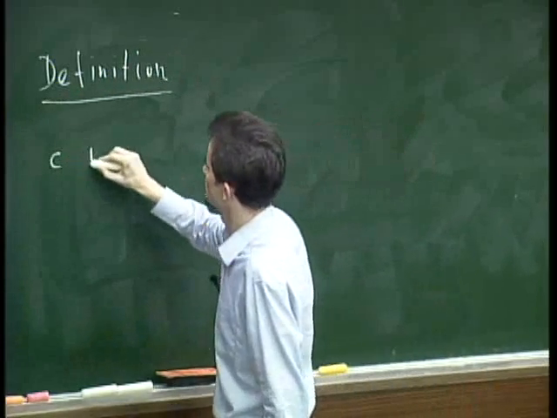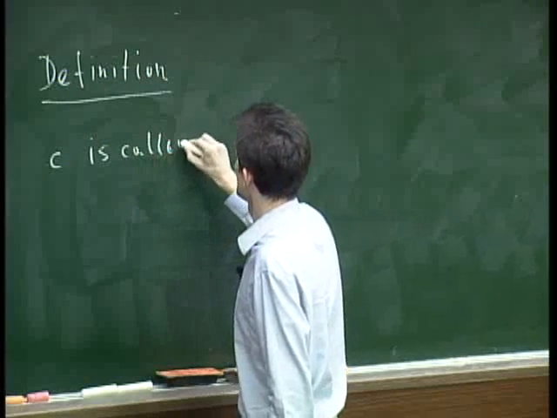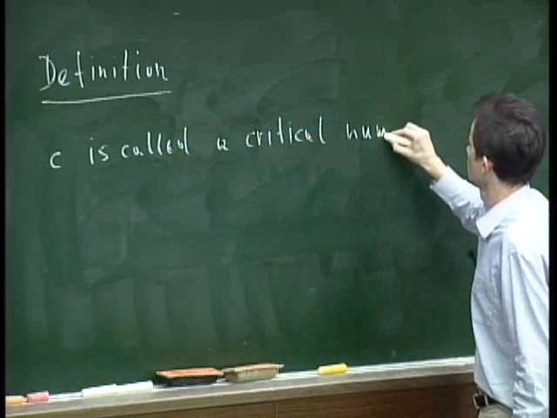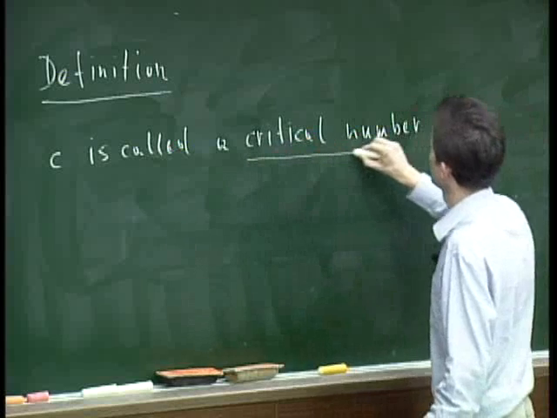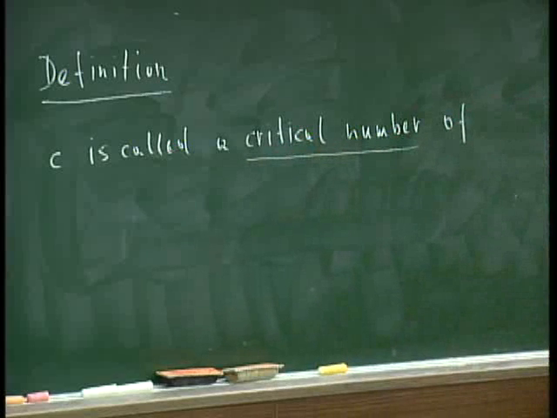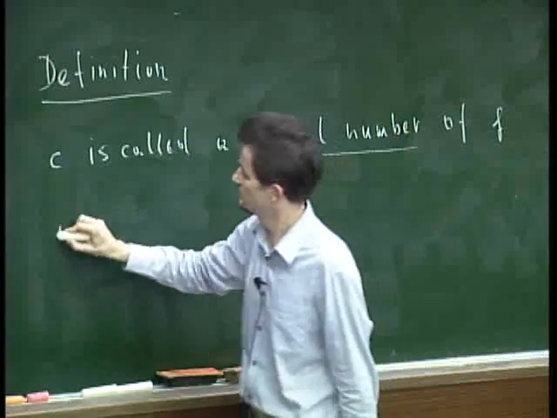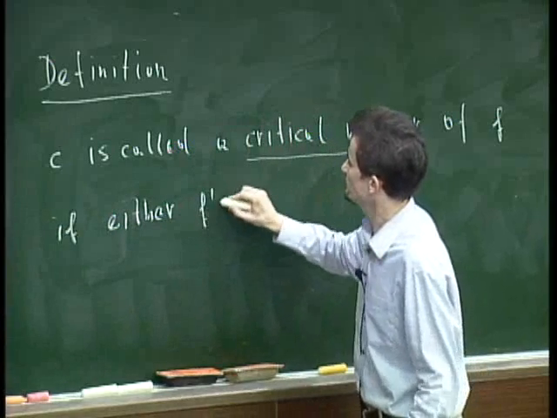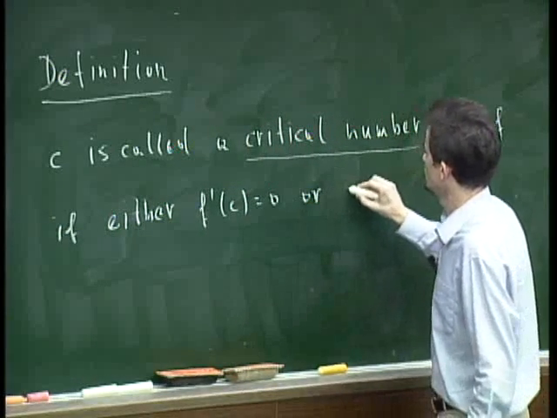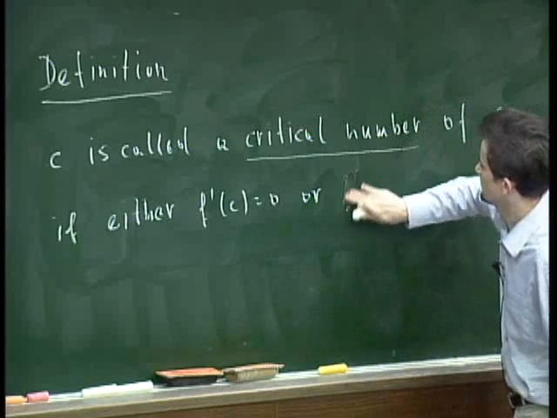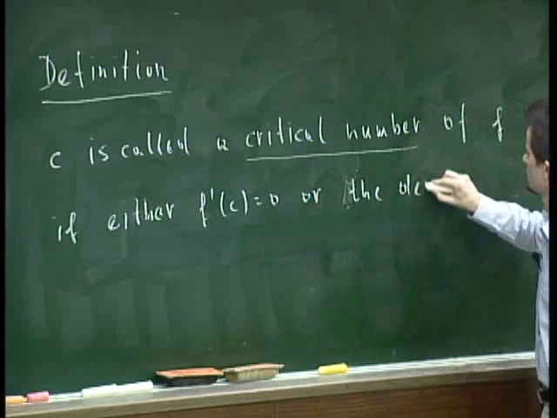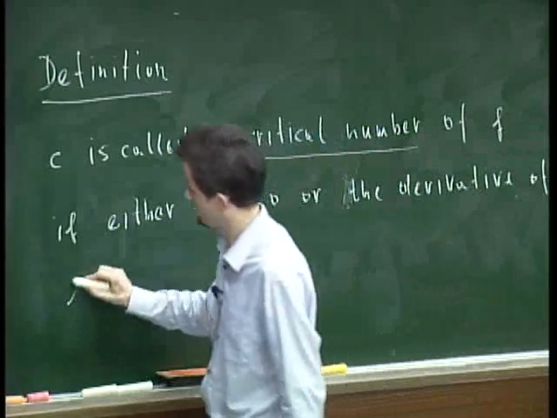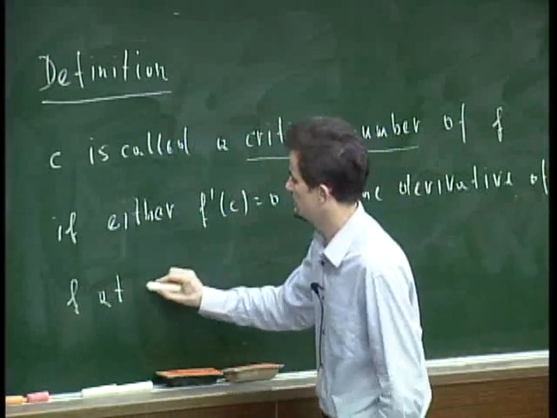C is called a critical number of f if either the derivative of f at C is equal to 0 or the derivative of f at C does not exist.